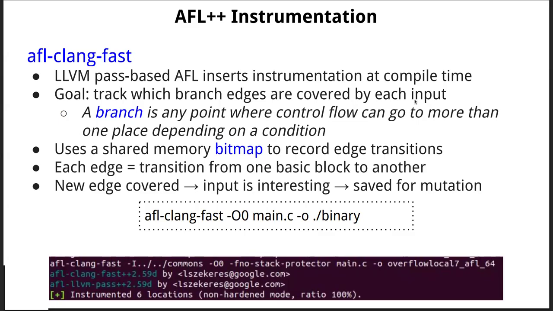Then we use shared memory. Shared memory here means the memory shared between the program under fuzzing and the fuzzer itself. They use a data structure called feedback to record what kind of edges are taken. The edge here is basically from one basic block to a different basic block, and each basic block ends with a branch instruction.